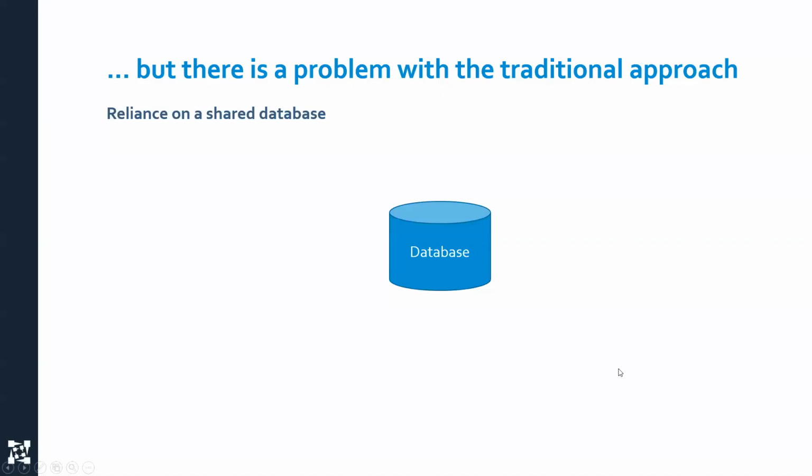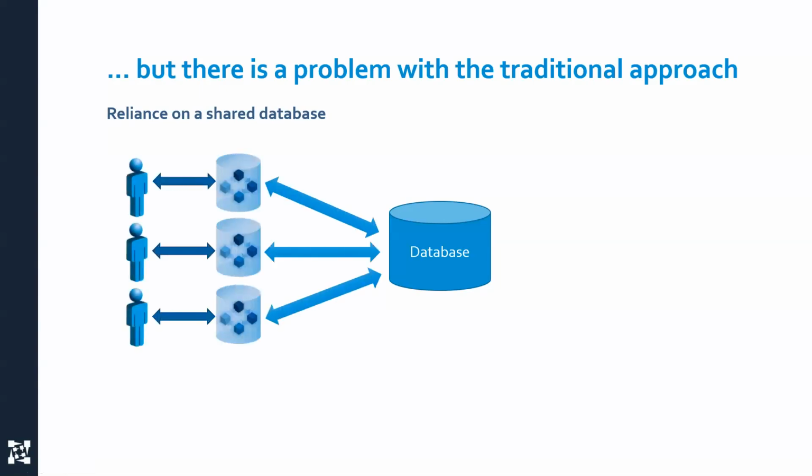But really, the challenge or the common problem with all three of these approaches is the reliance on a shared database. The way that this works is that teams will want to test their applications, either in their local environments or in different silos, but they'll need that data from the shared database.